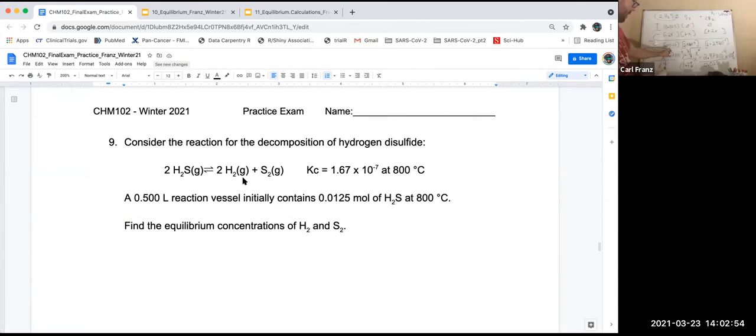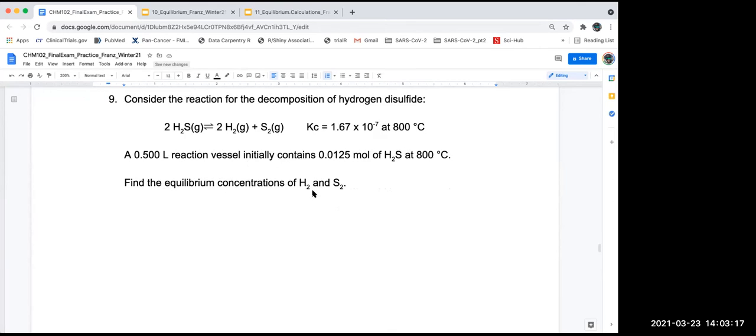And you don't even need to solve for H2S because they just say, what are the equilibrium concentrations of H2 and S2? Maybe if it would have said, what are the equilibrium concentrations for all three? Then you just do minus 2 times 2.97 times 10 to the negative 4. Gotcha. Okay. Yeah, never mind.